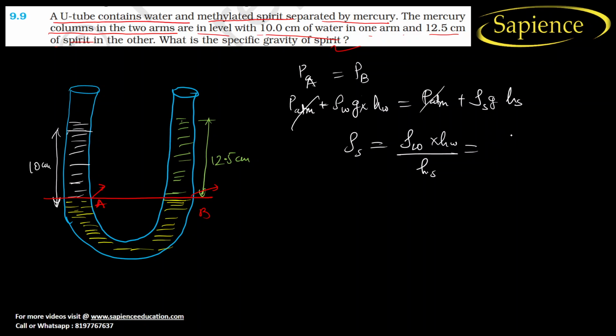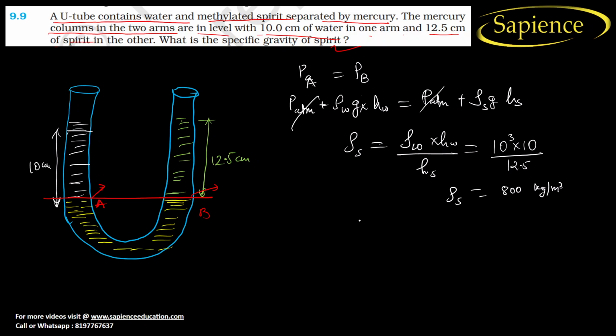So when we put the values here, see here: density of the water, that is 10 to the power 3, into height of the water, which is 10, divided by height of the spirit, which is 12.5. So this will be equal to 800 kg per meter cube.